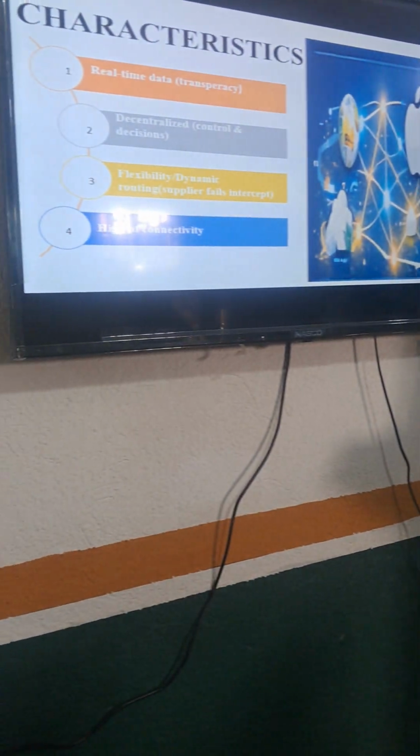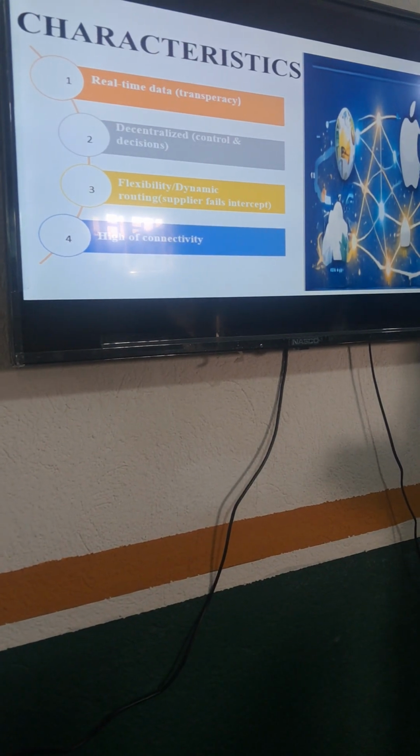It is very transparent. Another characteristic is what? The decentralization in terms of control and decision making. So as already said, there is not one centered decision body that takes all the decisions in this particular network.